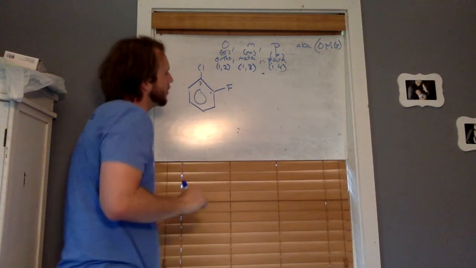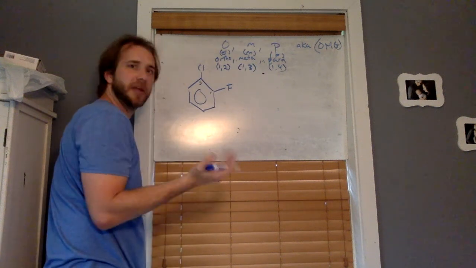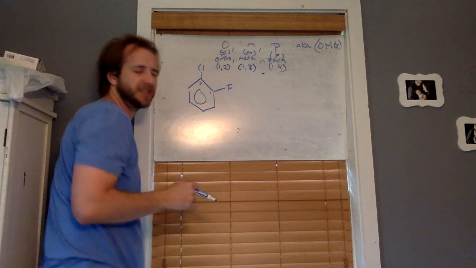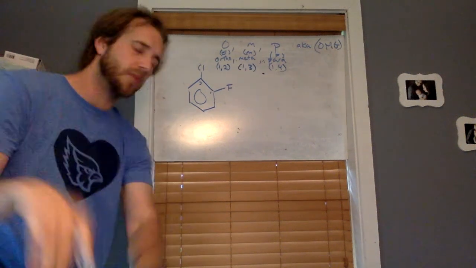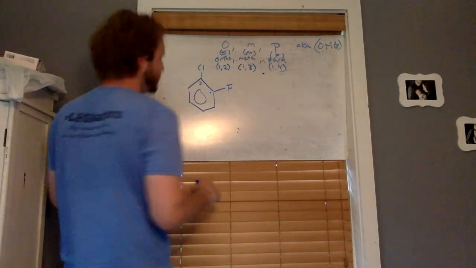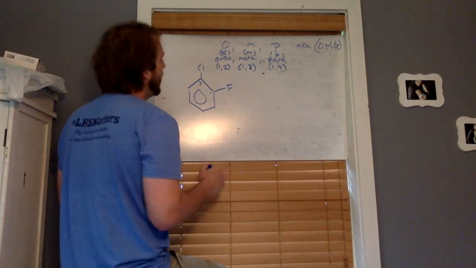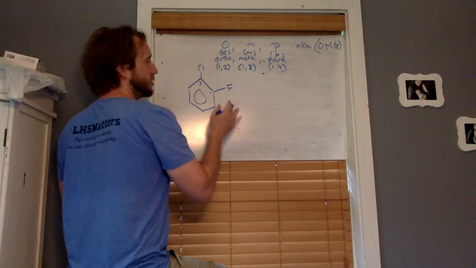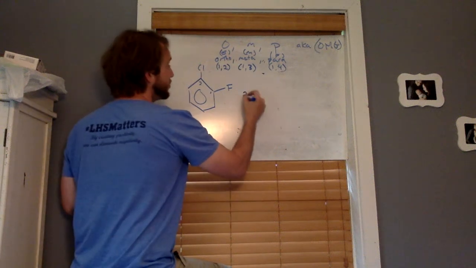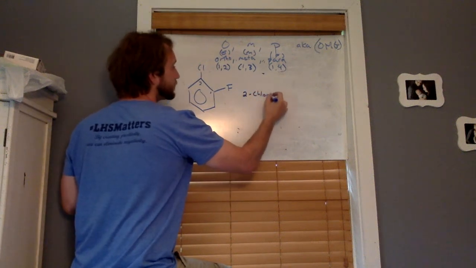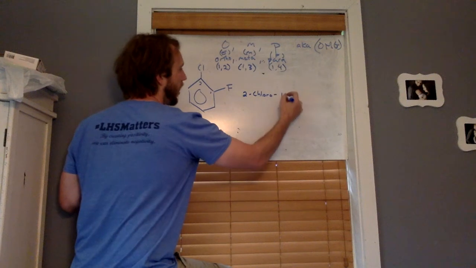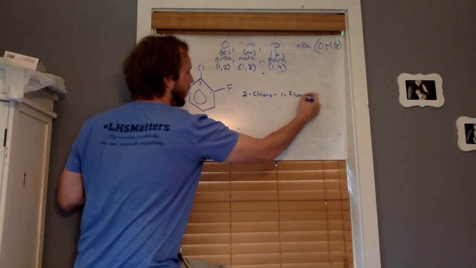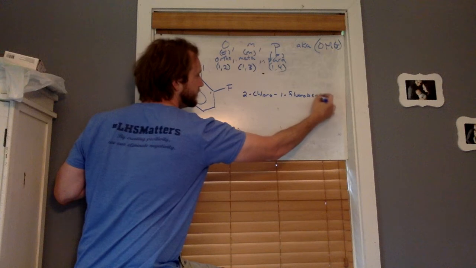1, 2 as we're going across. You could arguably give either priority here. There is technically a list of priorities, but we're not going to worry about that until you get into organic chemistry in post-secondary. So we could do this one of two ways. We could say this is 2-chloro-1-fluorobenzene.